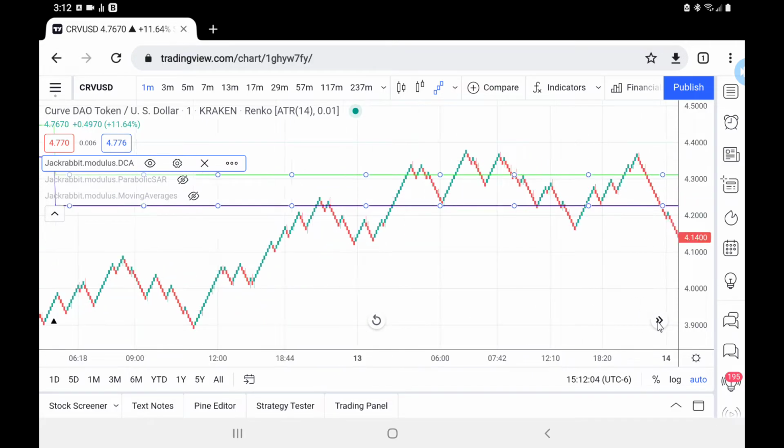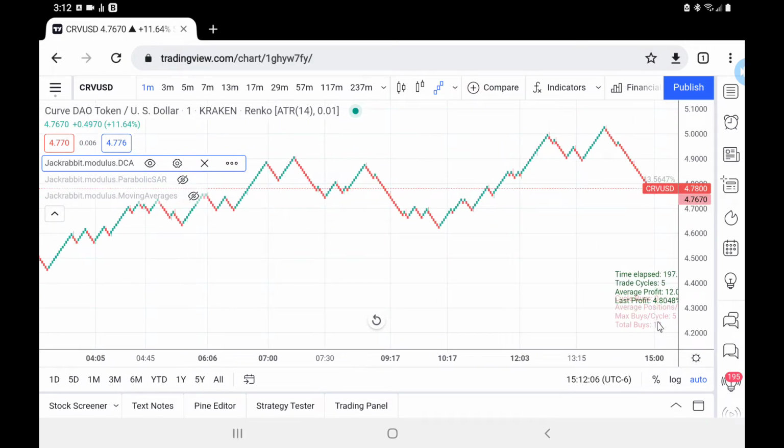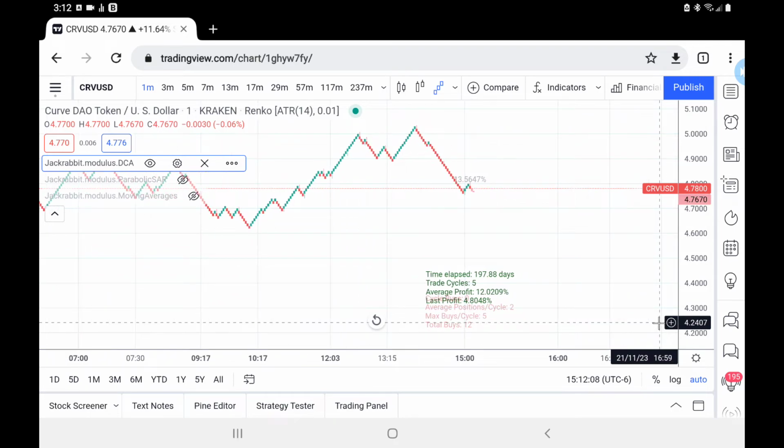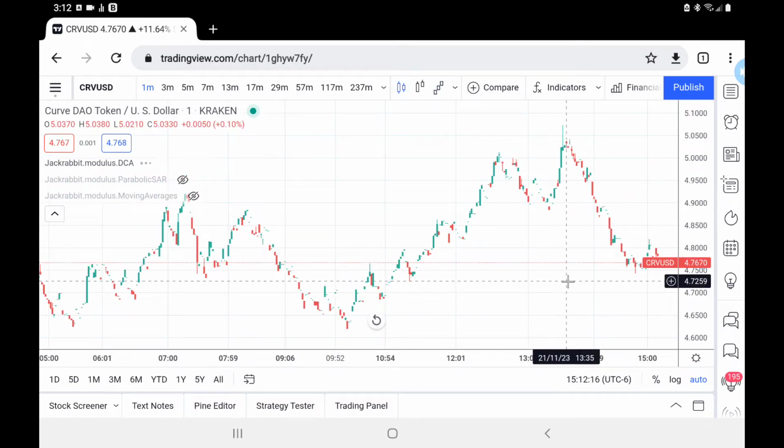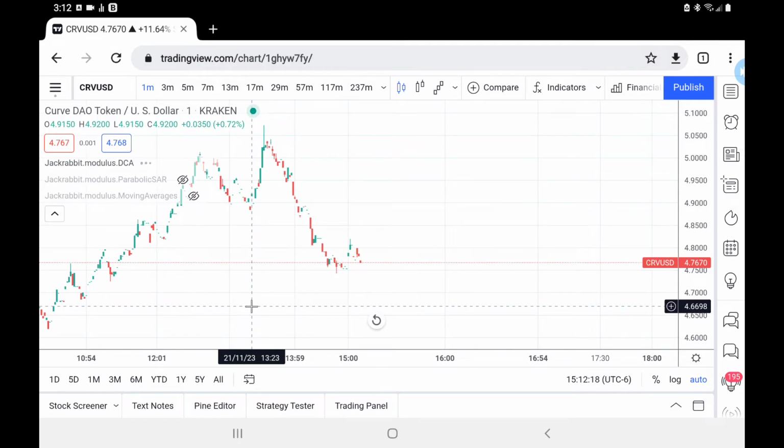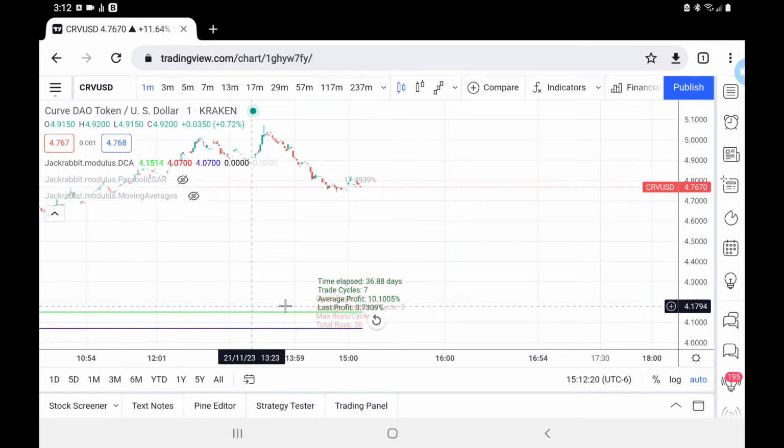Renko tends to bring more out of the strategies. 12% profit. Now let's see how it looks. 10% profit.